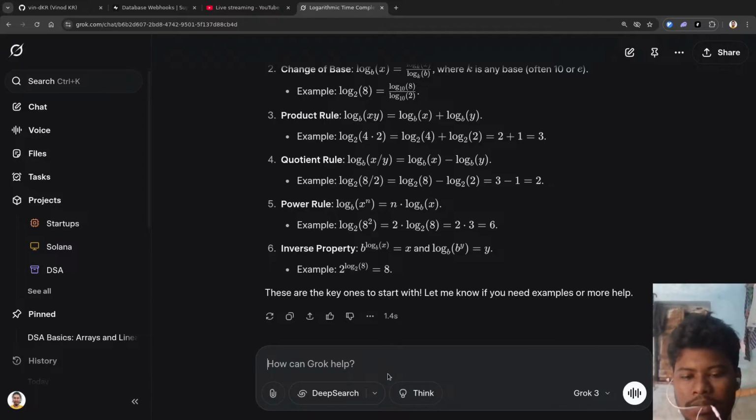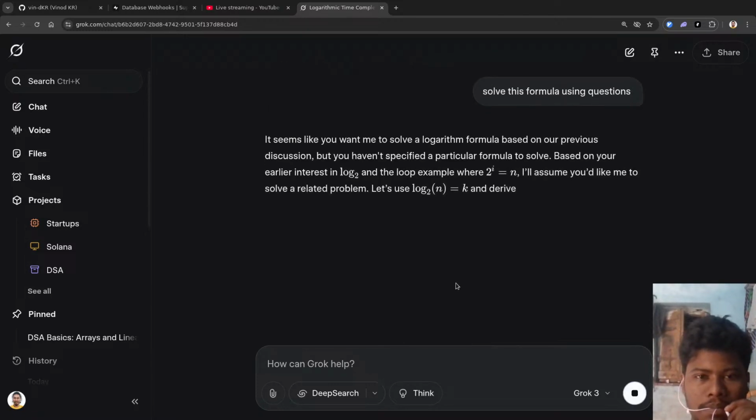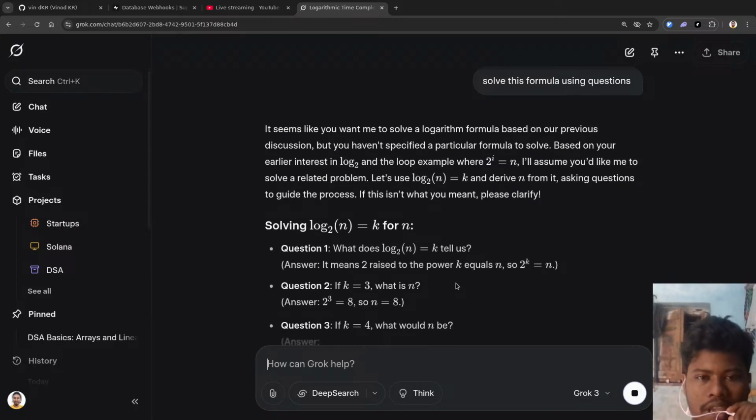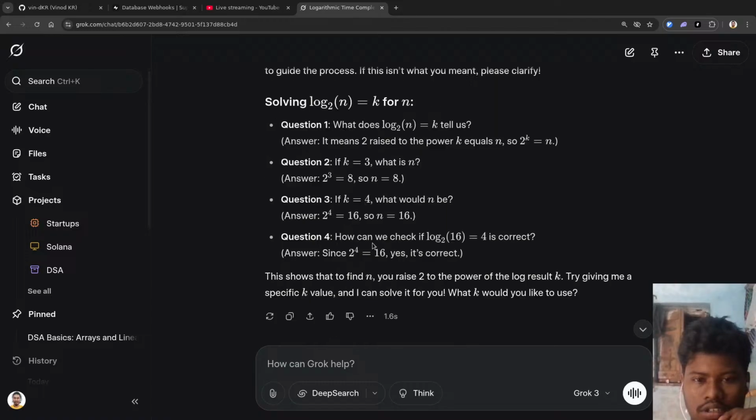Okay, now let's solve this formula using the quotient rule. I want to know how this works.